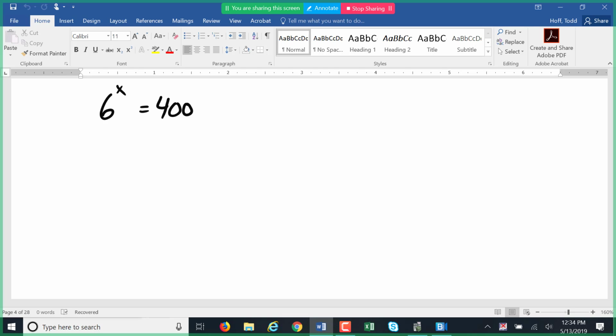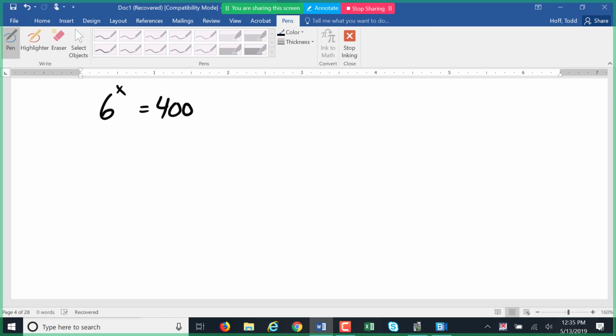So what base of a logarithm do we have to use here? Well, the base of our exponent is base 6. It's 6 to the power of x. So the base of our logarithm has to be base 6 as well.